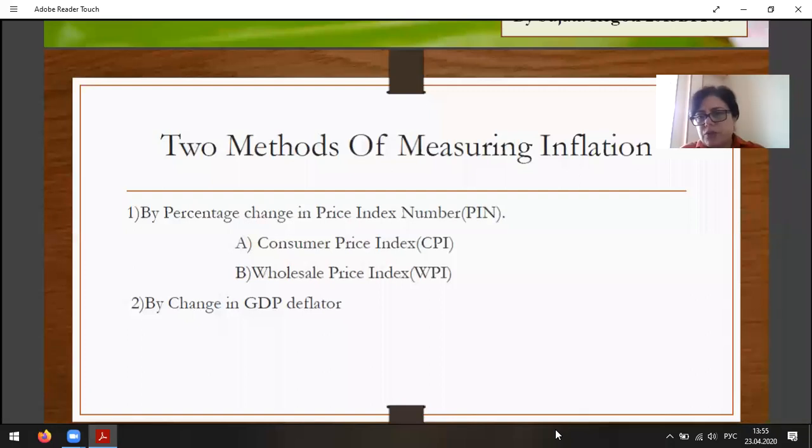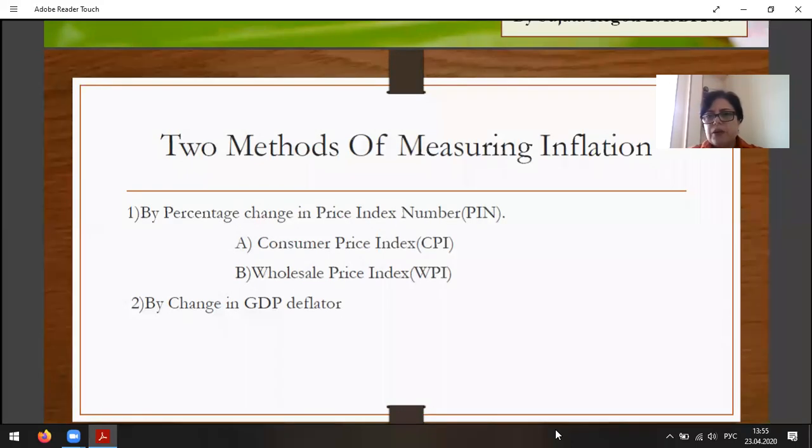The first general method is using the price index numbers. Price index in turn implies two approaches: consumer price index and wholesale price index, or in other words, producer price index. And the second very useful approach is counting the inflation rate in terms of GDP deflator.